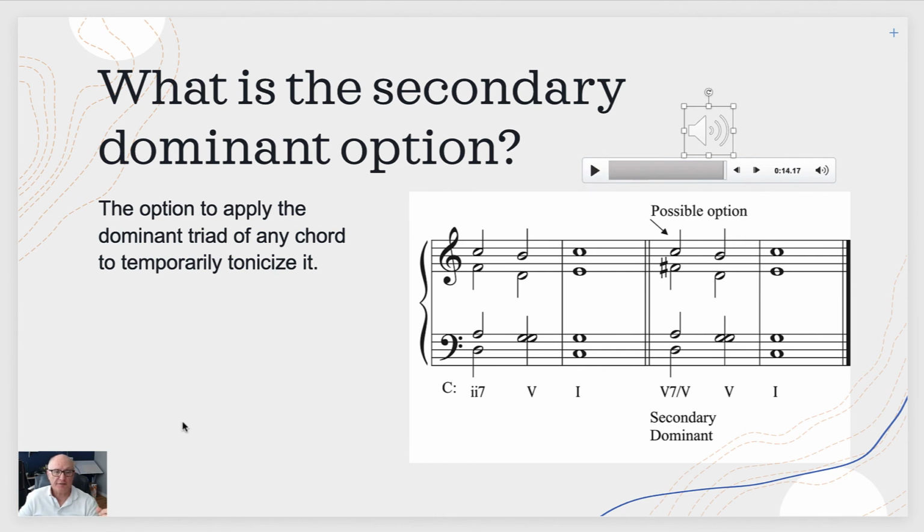It adds kind of a lift and it makes it a little more interesting. That's all the secondary dominant option refers to. It means when you have a 5 chord, you can put its 5 in front of it. Or if you have any chord you want to tonicize, put its 5 in front of it as if that chord was in a new key, in the key of its root.